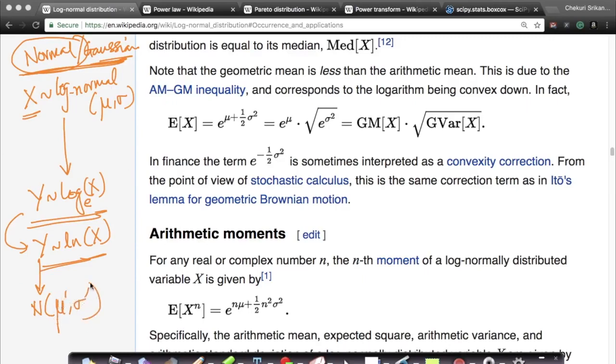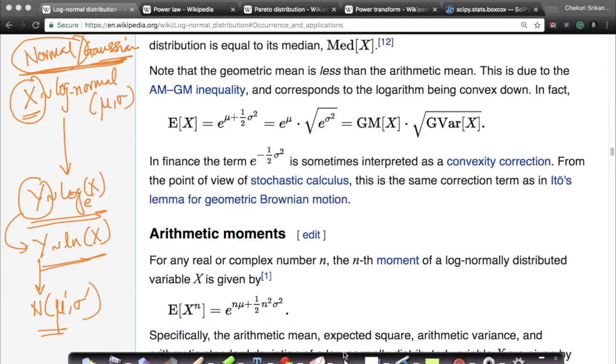So whenever you're given a random variable which you know is log normally distributed, one of the first things you can do is convert it into a Gaussian distribution, and from the Gaussian distribution you have all the beautiful theory, all the beautiful mathematics, and all the beautiful interpretation of a Gaussian distribution that you can use.